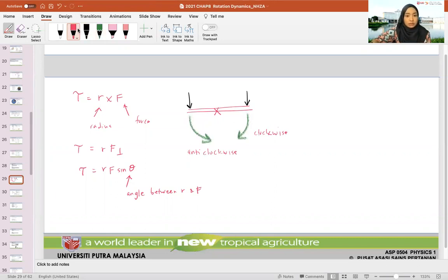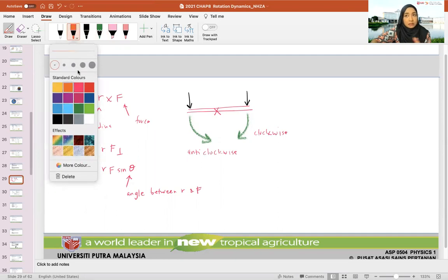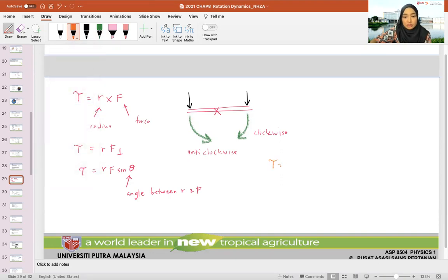In terms of torque, it is going to be either positive or negative. Since torque is R times F perpendicular, this is your R and this is your F, and clockwise would give you a negative torque. Clockwise is negative. And for an anti-clockwise movement, this is your F, this is your R, and the movement it gives is anti-clockwise, therefore you would get a positive torque.